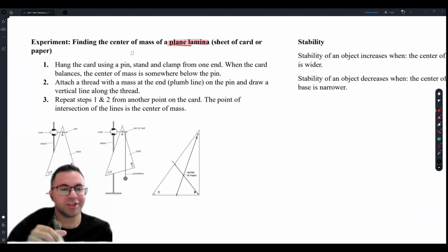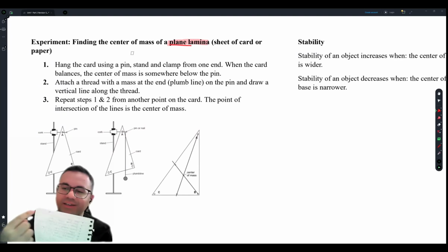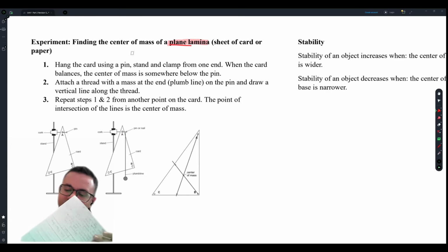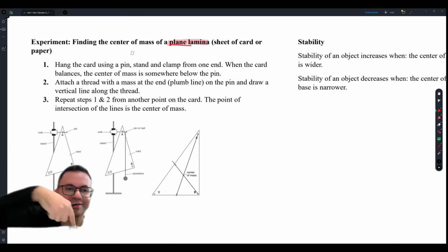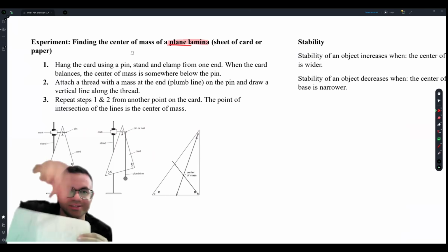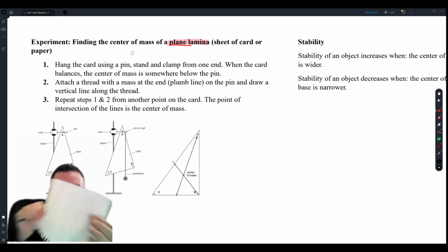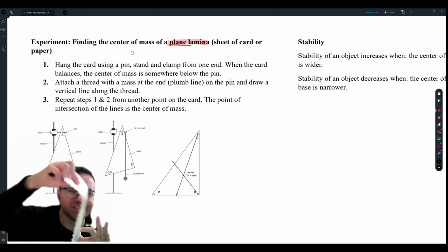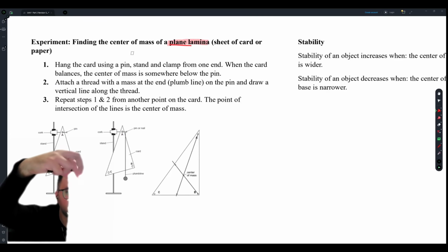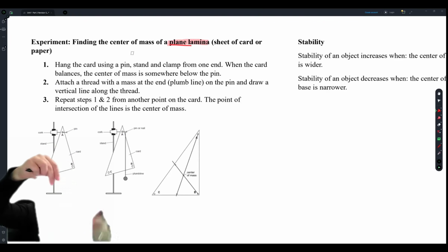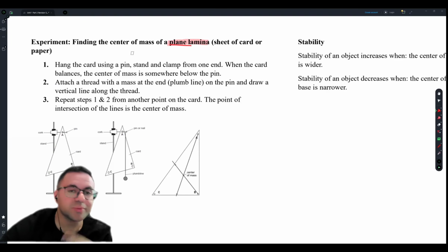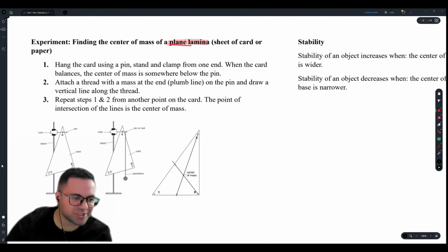A plane is, let's just say, a flat surface that exists in two dimensions, like the XY or the YZ. A lamina means a very thin sheet of paper, so a flat sheet of paper or card. I don't care what the shape is. Could be irregular.